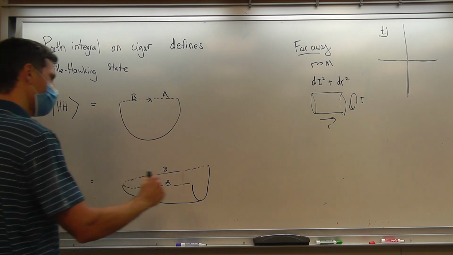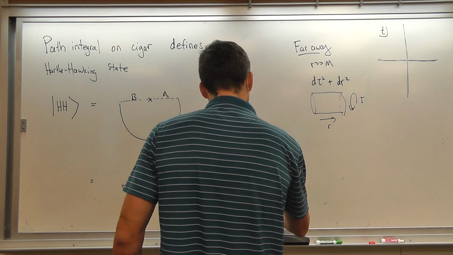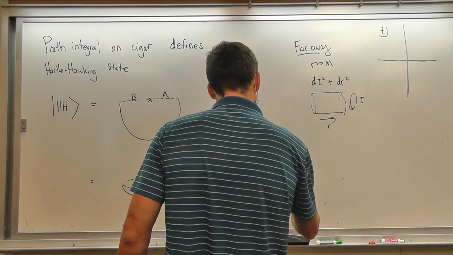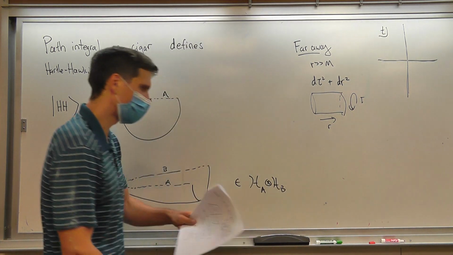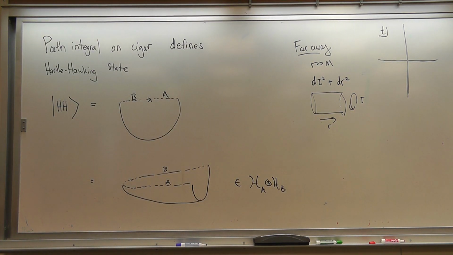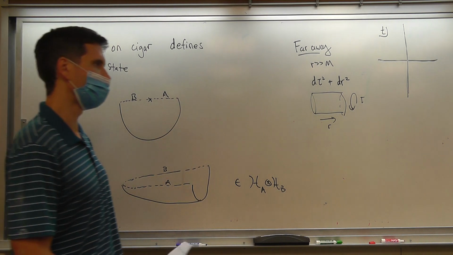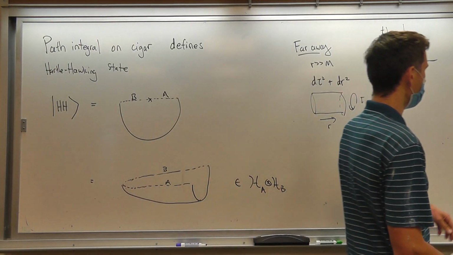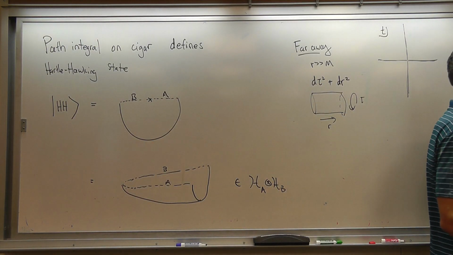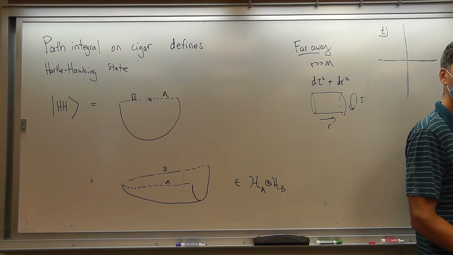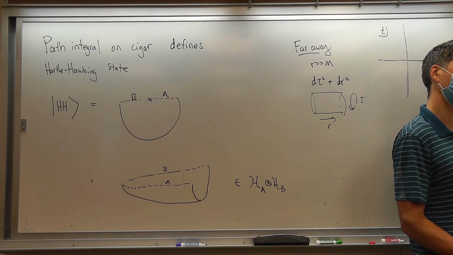So this state lives in the Hilbert space that is associated to the full region, A union B, or you could say the product Hilbert space HA times HB. It's the state on the full space that goes all the way across the black hole onto both sides.